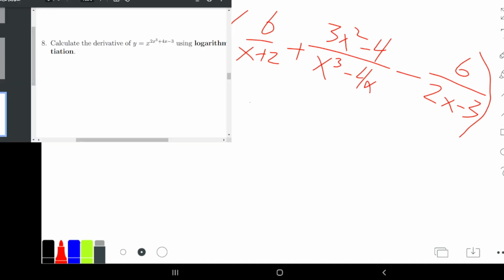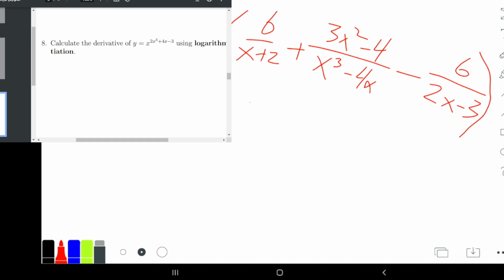The next problem is another logarithmic differentiation, except the difference here is that it's not going to be done exactly the same way. When we're simplifying the right-hand side using the log laws, we're going to get a whole polynomial pulled out as an exponent.